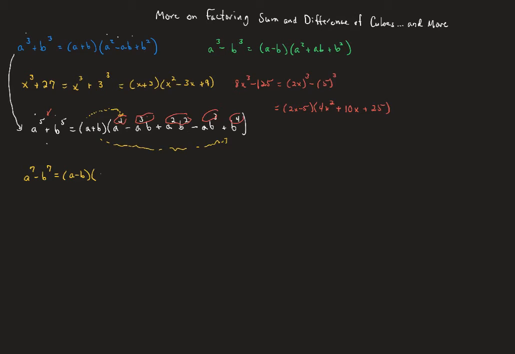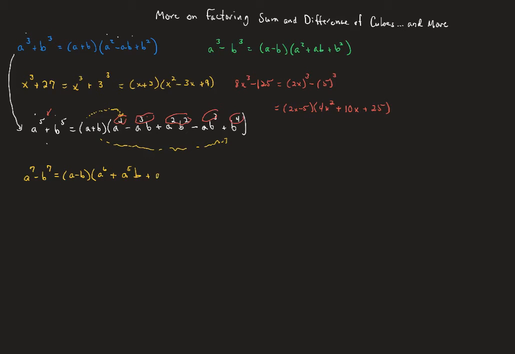So going down one power of a takes us to a to the sixth, so that when a multiplies the a to the sixth, we get a to the seventh. All the signs are going to be positive here. I'm going to go down in powers of a and up in powers of b. So that's going to make it a to the fifth, b to the first.